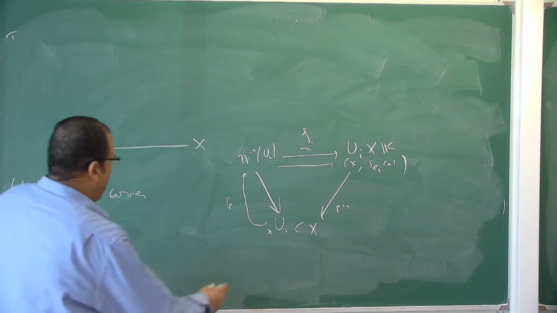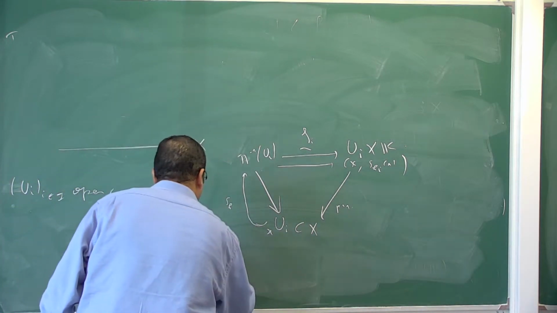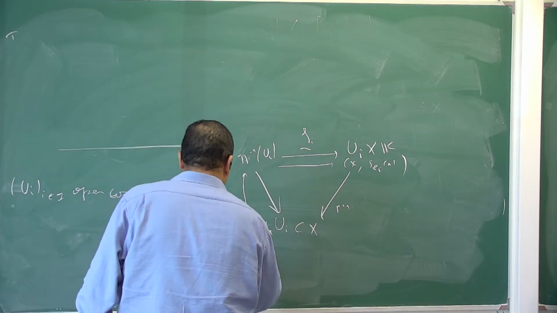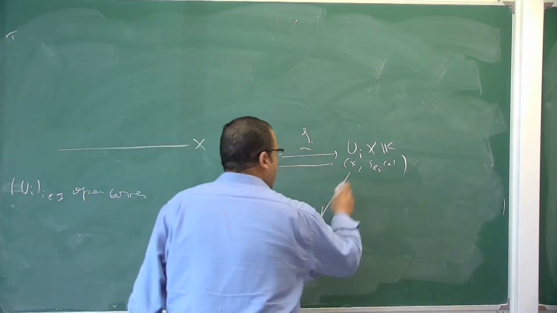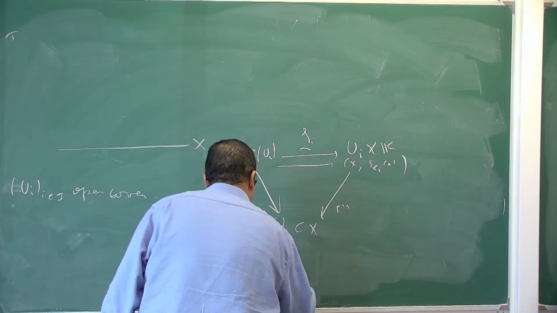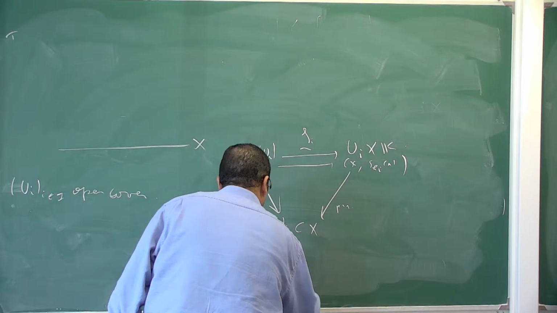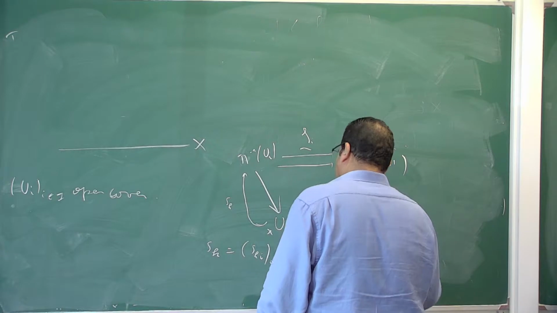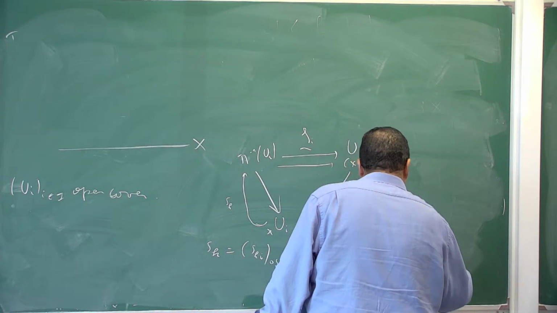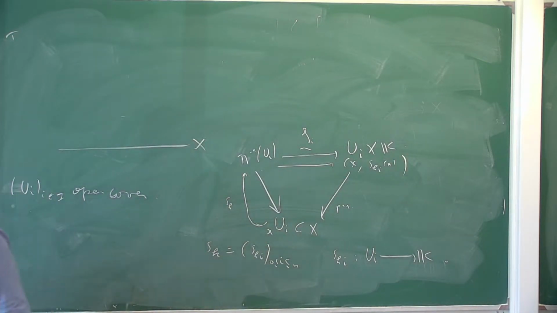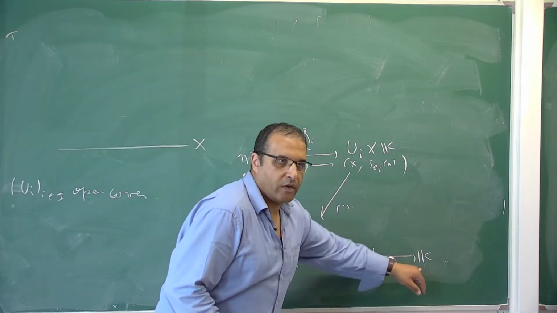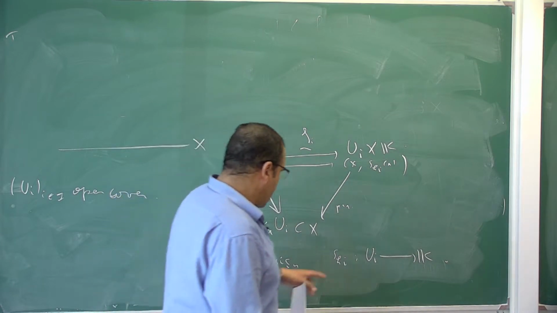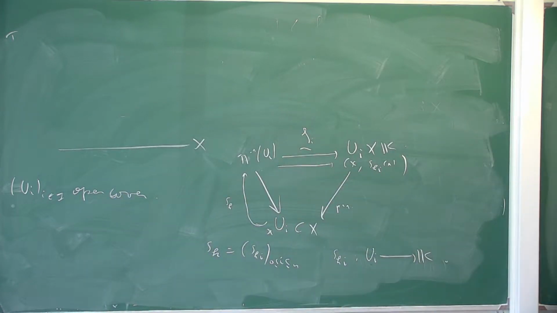So in some sense, we can characterize the section s_k by the family of functions s_{k,i}, where each s_{k,i} is defined from U_i to K, just a simple function. So a section is a family of regular functions defined on each open U_i.